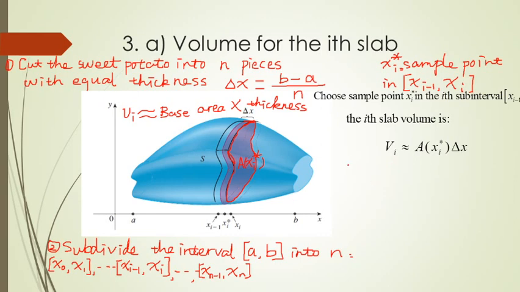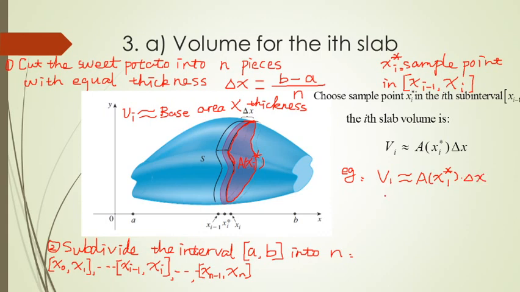For example, for the first piece, I can estimate it as the cross-section area at x1 star times delta x.